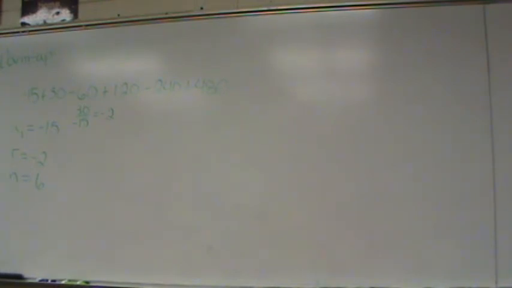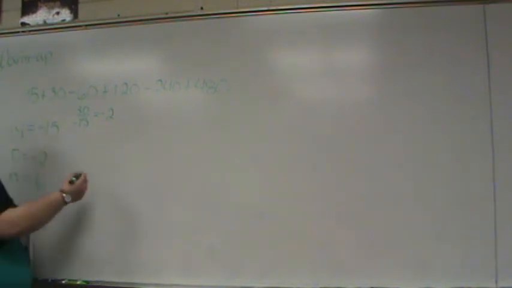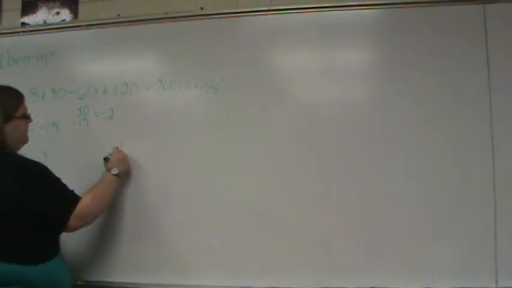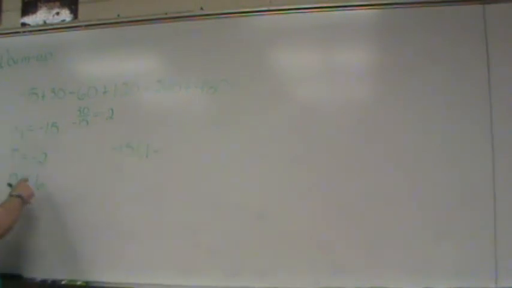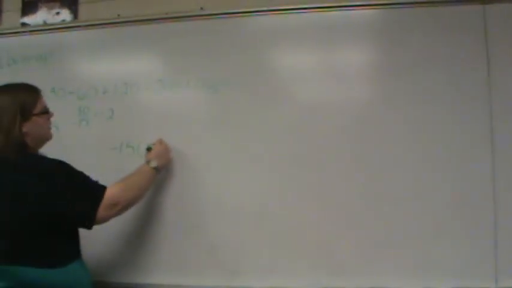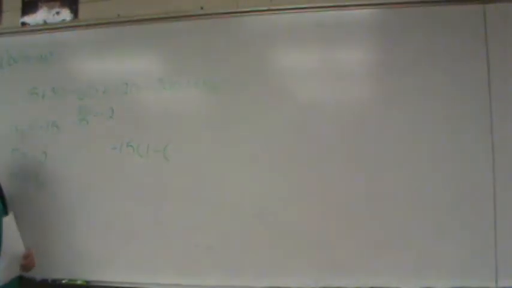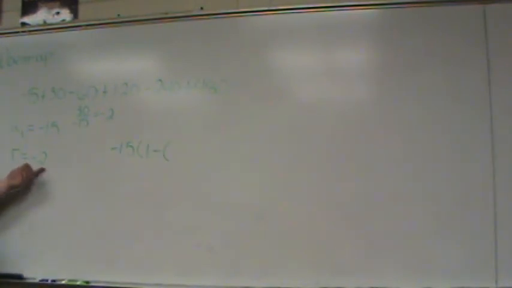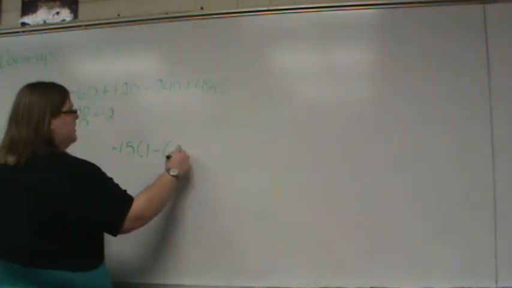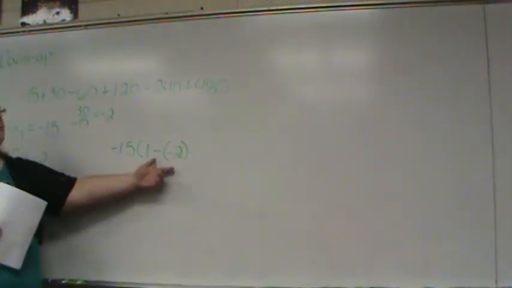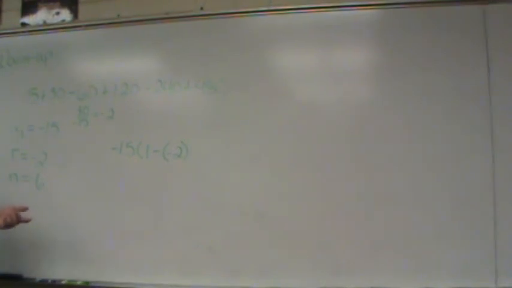So now we can plug this into our geometric series formula. We have negative 15 times 1 minus our R value. Now, this is very important. When you have that negative number, make sure you put it in parentheses, because you're taking that negative number to some power.